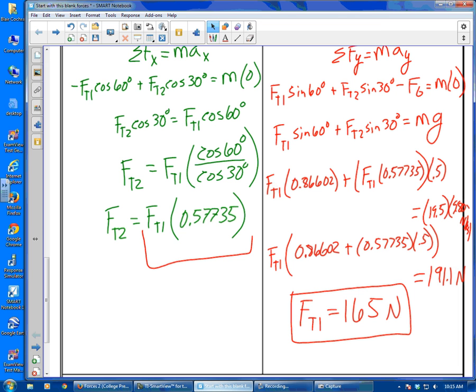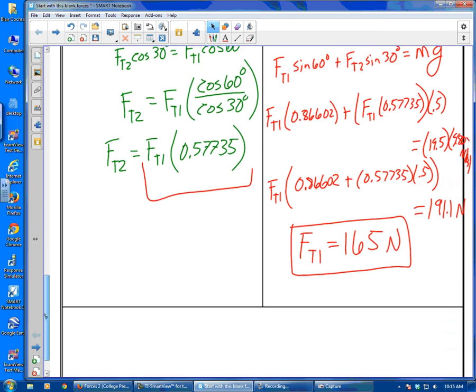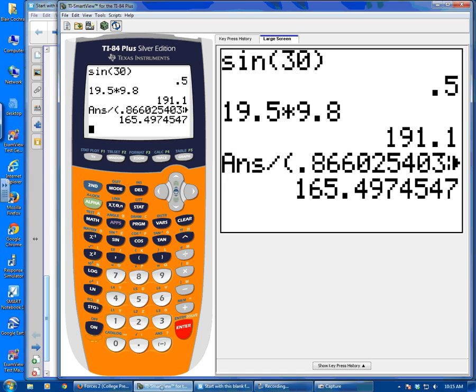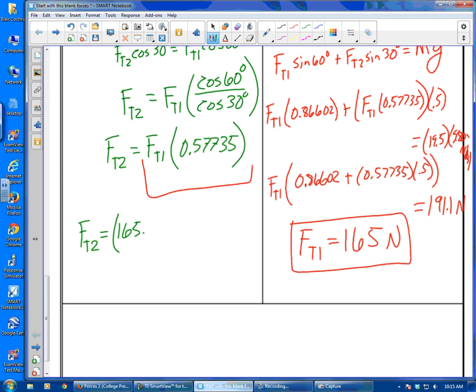And then that's what I'm going to plug in over here to solve for FT2. Whatever that was, 165.497 newtons times 0.57735.